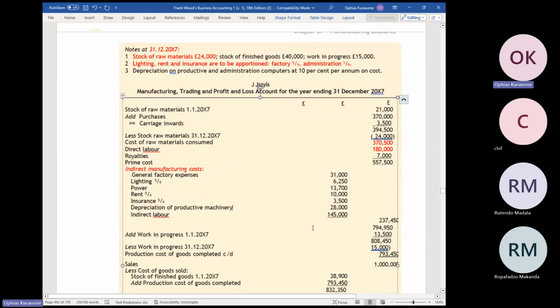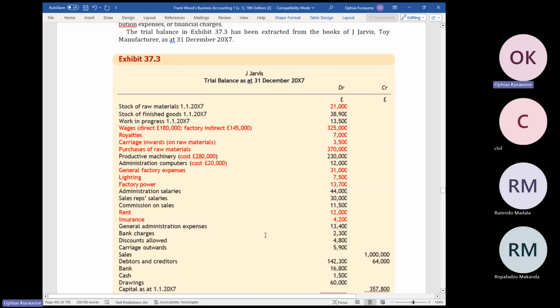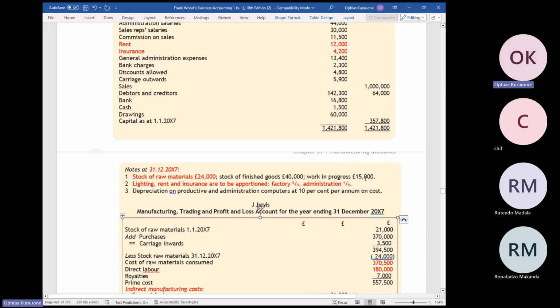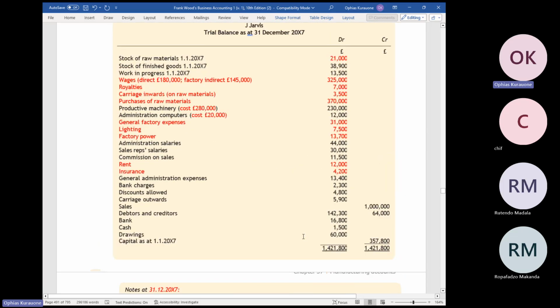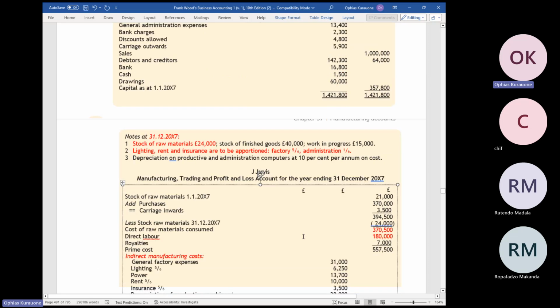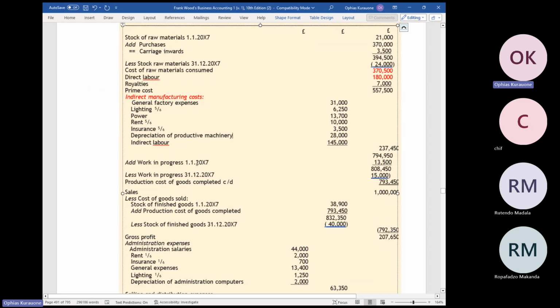Then here, as usual, we add work in progress at the first. We look here at the beginning, that is 13,500, then at the end is 15,000. So when we are coming here, we say work in progress at the beginning, that is 13,500, then work in progress at the end, that is 15,000.